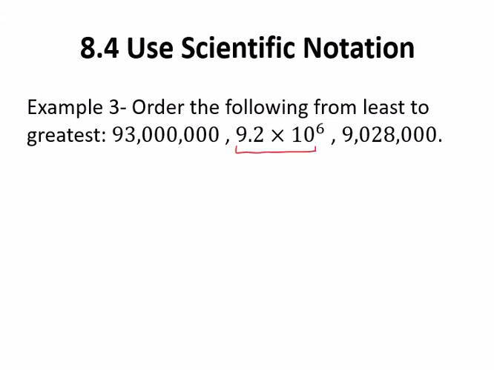So I will convert that into standard form by counting to the right 6 decimal places. 1, 2, 3, 4, 5, 6. Filling in the zeros. Alright, so that is 9,200,000.